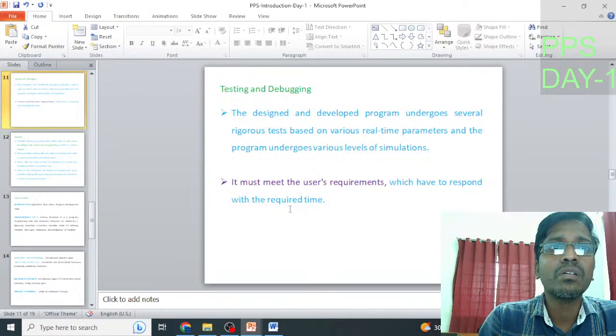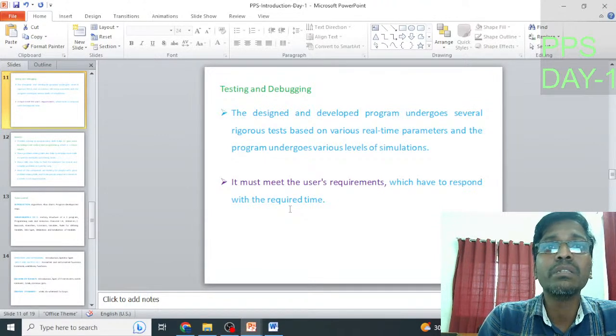So whether the program is successfully working or not, and for the corresponding input, what output it is going to produce, whether the program is going to produce the output correctly or not, all that will be done with the help of testing and debugging.